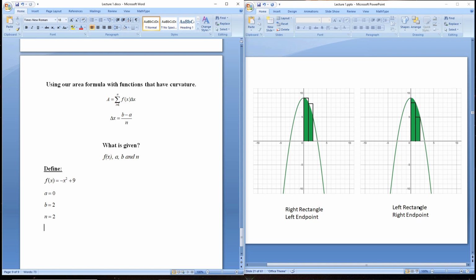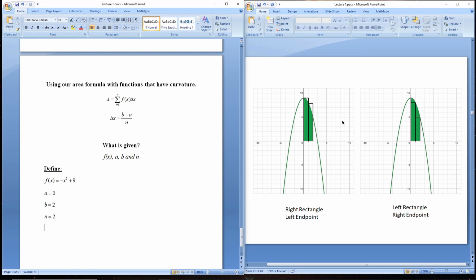For left rectangles, we actually can't start at the starting point, and we have to move to the next line over, this middle line. We draw the middle line straight up to the function and off to the left, and that creates our left rectangle. Then we go to the next line here, which is at 2, and draw our line straight up and to the left. So here are our left rectangles.